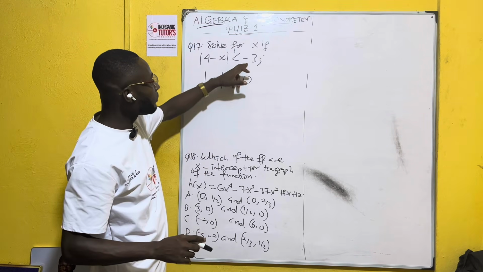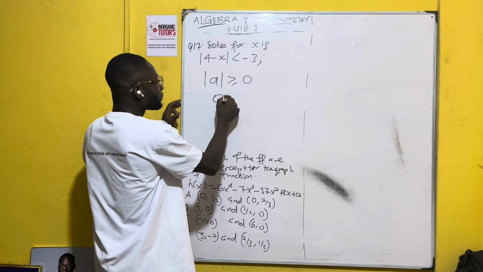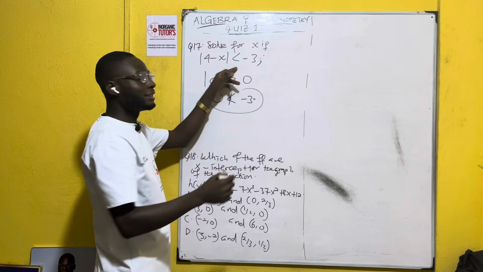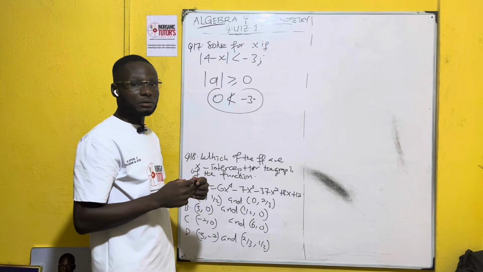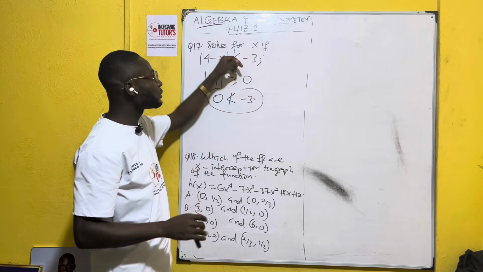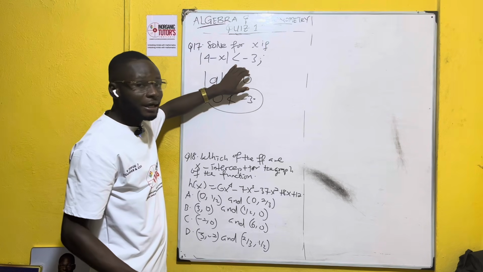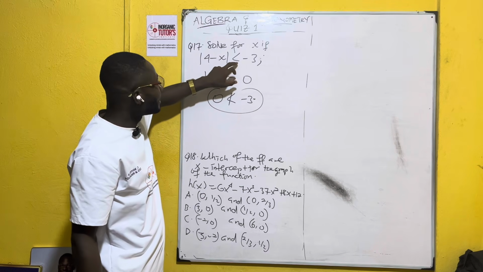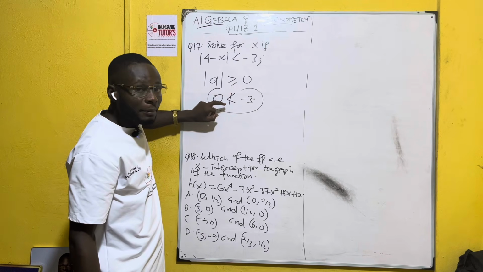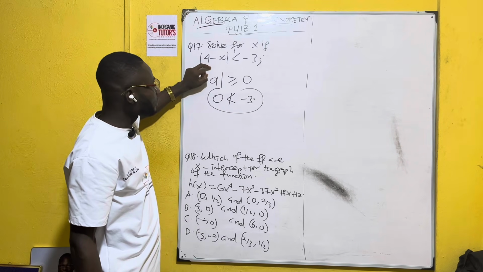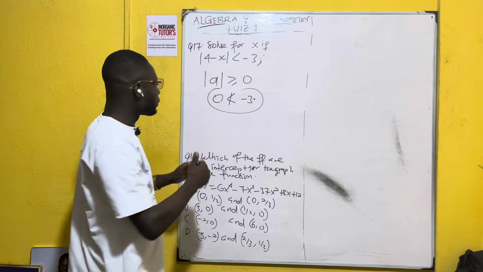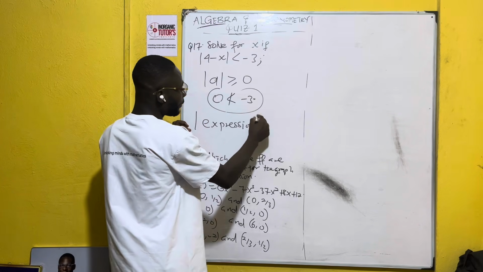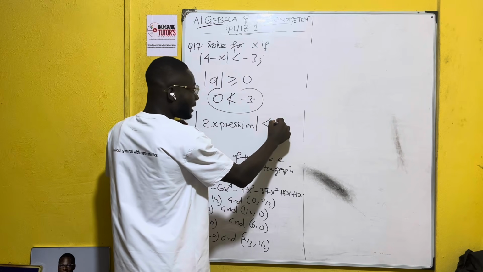So realize that if you compare this to this, you can see that 0 is never less than -3, right? So already this problem is ruled out. Anytime you see an absolute value that is less than a negative number, it means that particular absolute value function is empty, right?